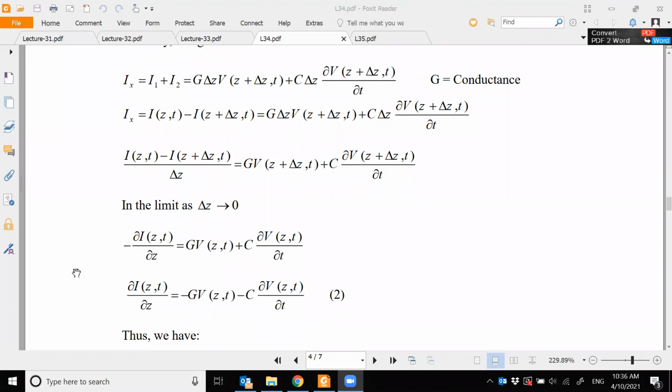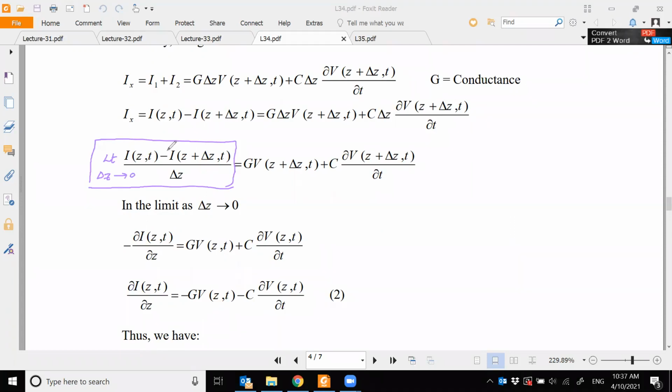And again, because my transmission line is of incremental length, if I make Δz go to 0, then this term becomes the limit as Δz goes to 0, and this is the definition of the derivative. So that's why ∂I(z,t)/∂z is equal to this one.